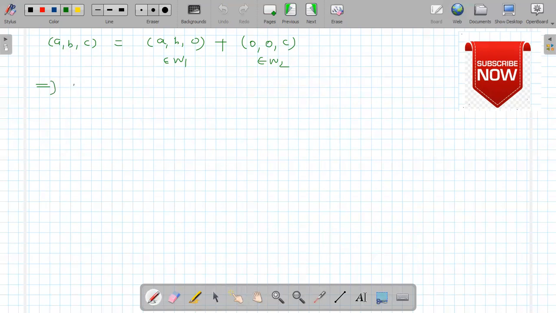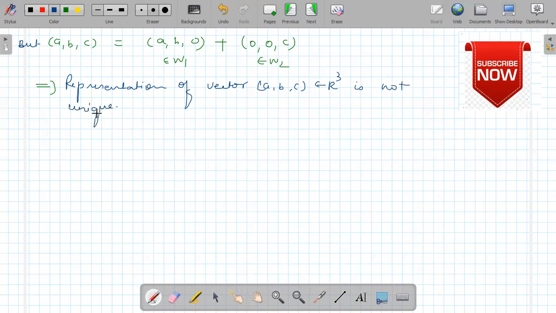Okay, so the representation of the vector ABC, which belongs to R cube, is not unique.